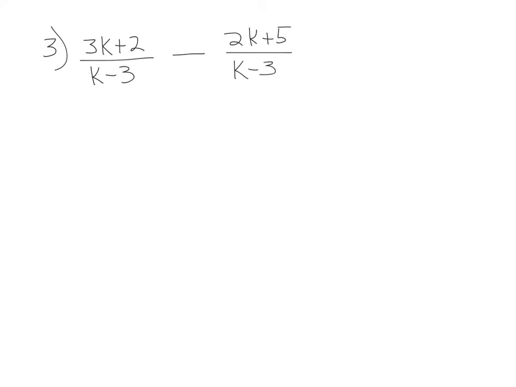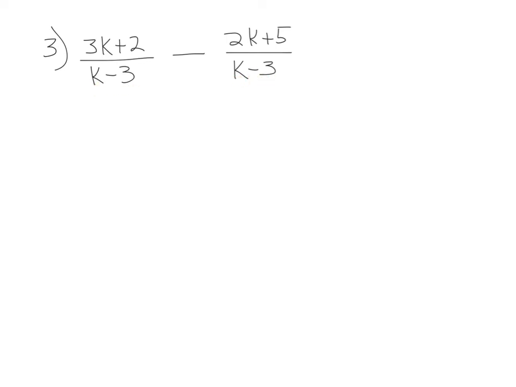Alright, first step, factor. Can this be factored? Nope. Can this be factored? Nope. How about this? Nope. This? No. All right. Step 2, get a common denominator.